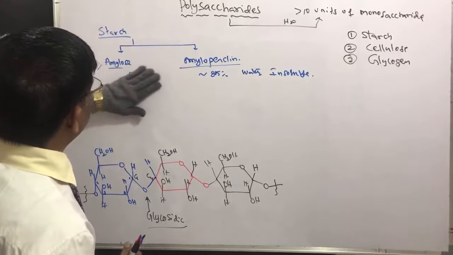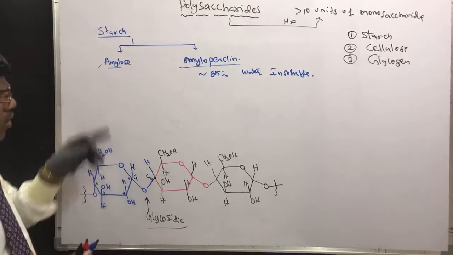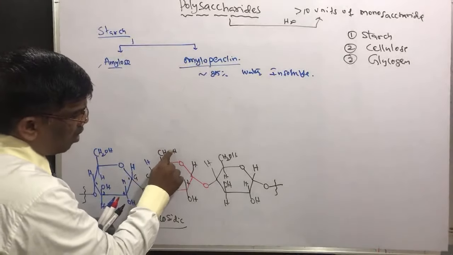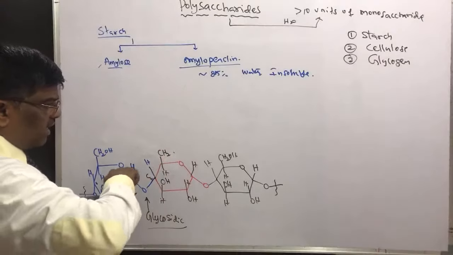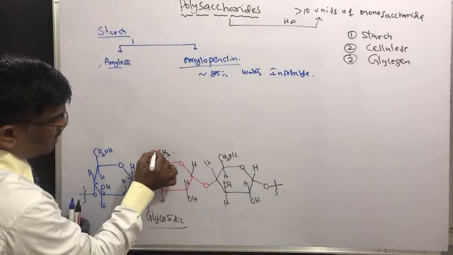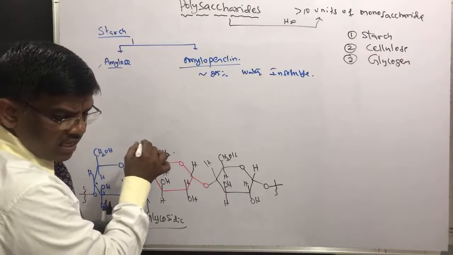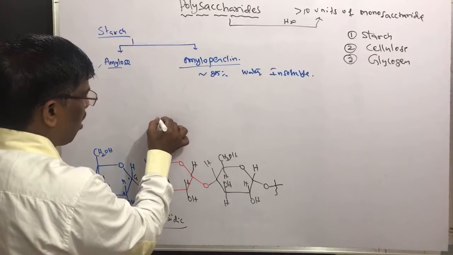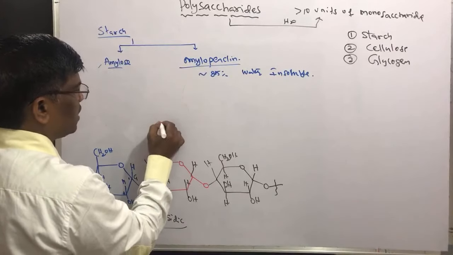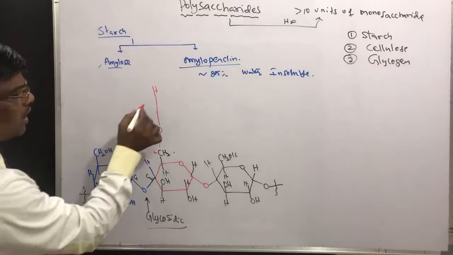At the same time, this is glucose, this is amylose, and when it is amylopectin, it will have branches like this. This is C6 carbon, isn't it? So for example, this C6 carbon of one glucose is going to have a branch with C1 carbon of another glucose, this is glycosidic link of C1 carbon of alpha glucose, right?